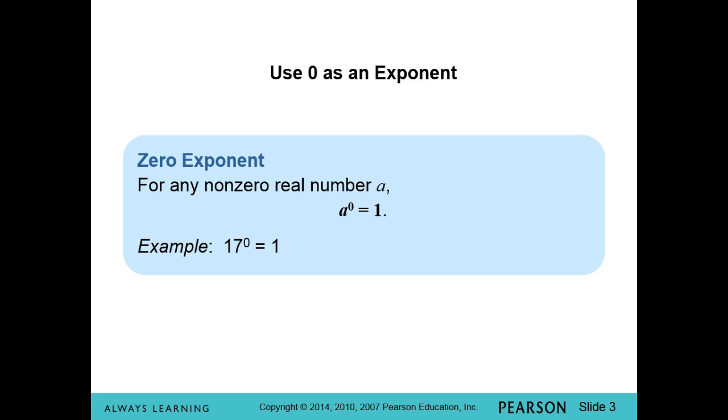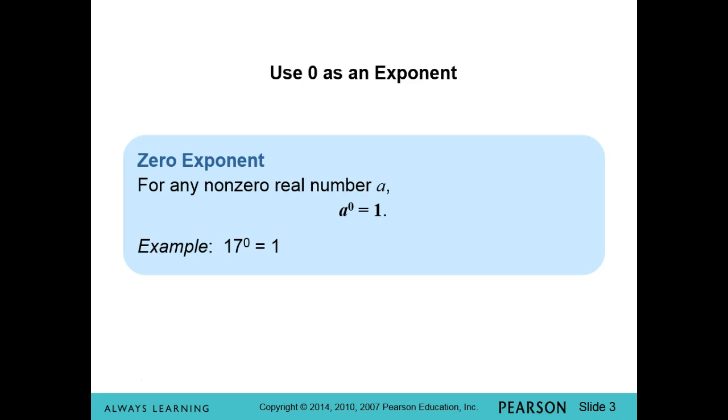For example, 17 to the 0th power is 1. 17 million to the 0th power is 1. 1/10,000,000th to the 0th power is 1. Negative 15,000 to the 0th power is 1. It doesn't matter what the number is, as long as it's not 0, something to the 0th power is 1.